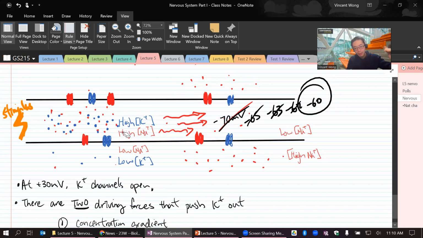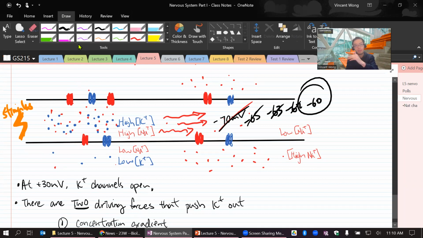Okay, so the sodium that just came in for this first part here, they have nowhere to go. They can't go back out because the sodium channels are all closed, right? So the only place for them to go is to go forward, because further down the axon, the sodium concentration is still low, right?